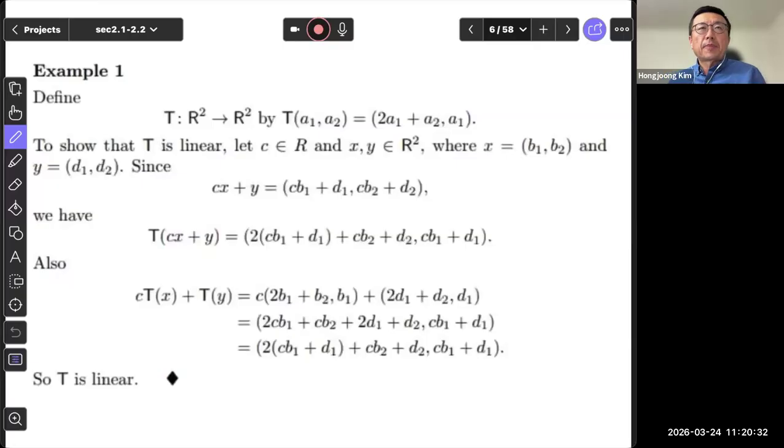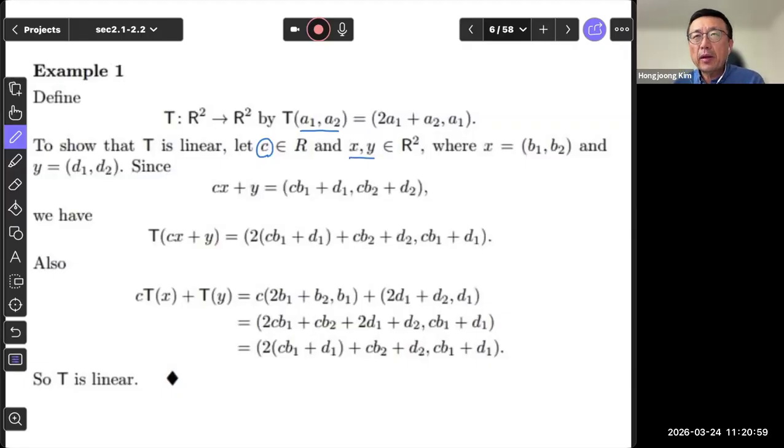In example 1, let me consider the following mapping. T from R2 to R2 space. This pair a1 and a2 is mapped to 2a1 plus a2 and a1. Now, to show that this T is a linear mapping, let us consider an arbitrary real number c and two pairs x and y.